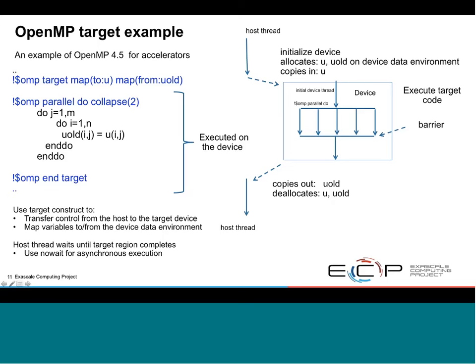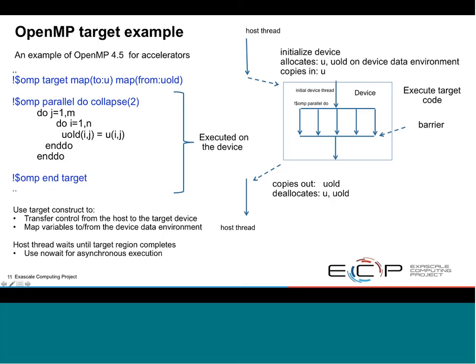And then when we finish executing the code, we can copy out the values of the variables that are with the map type from, and deallocate the data structures that we allocated on the device.